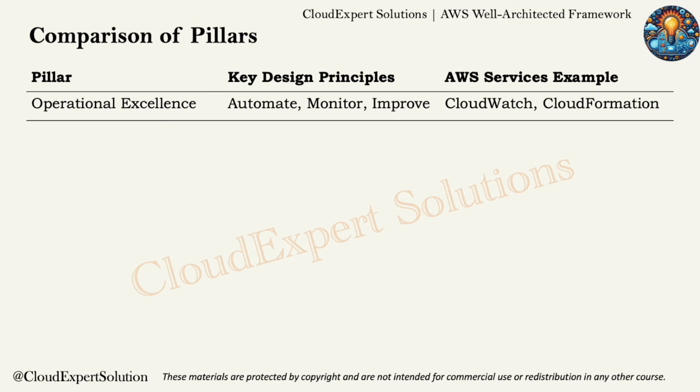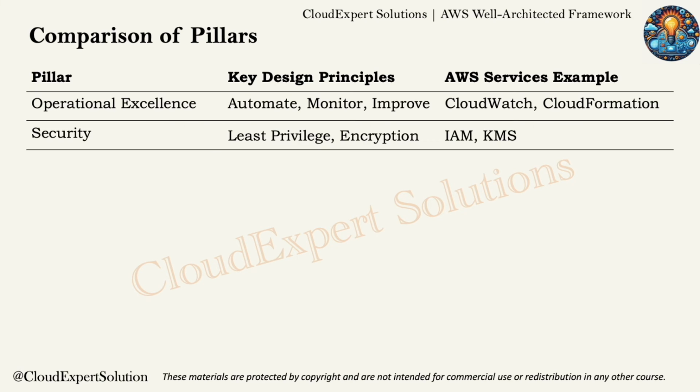To start with operational excellence, here the key design principles are automate, monitor, and improve. And as we mentioned, for AWS services, you can use Amazon CloudWatch and AWS CloudFormation. Moving to the security pillar, the key design principles are least privilege and encryption.